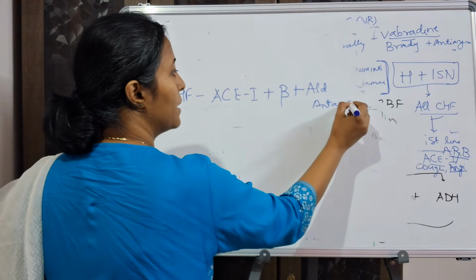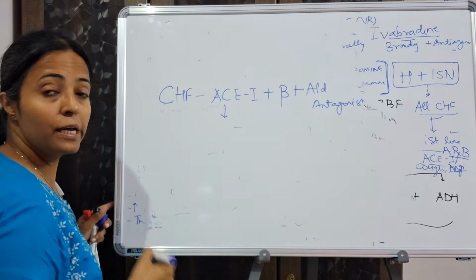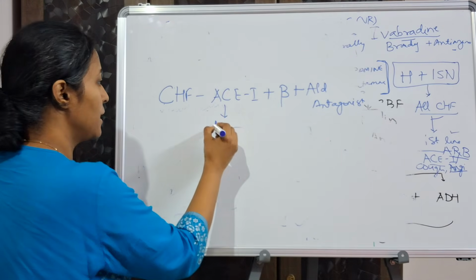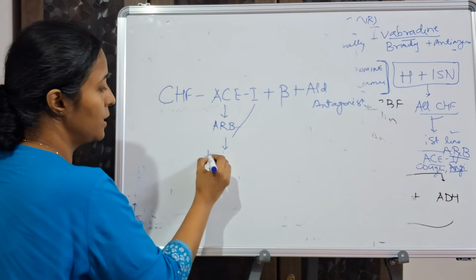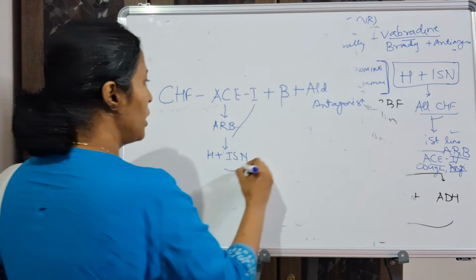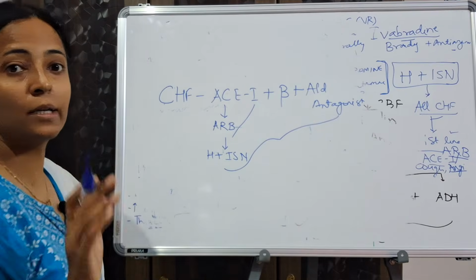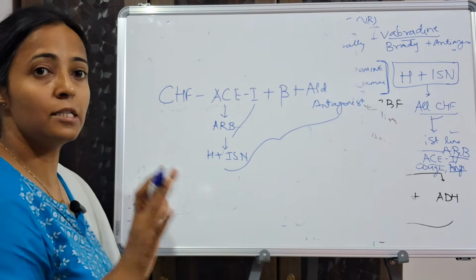Look for hyperkalemia as a side effect. If there are side effects with ACE inhibitors, we use ARB. If these are contraindicated, we use hydralazine plus isosorbide nitrate. All these have been shown to decrease mortality, so that is why they are used in CHF, to decrease the disease progression.